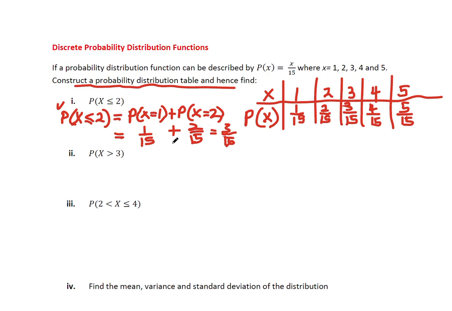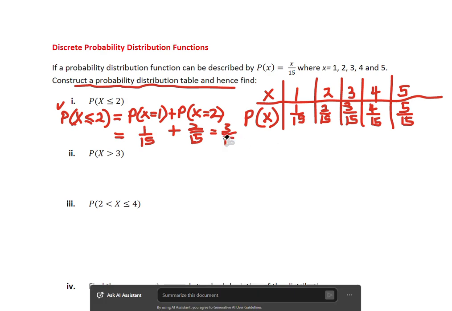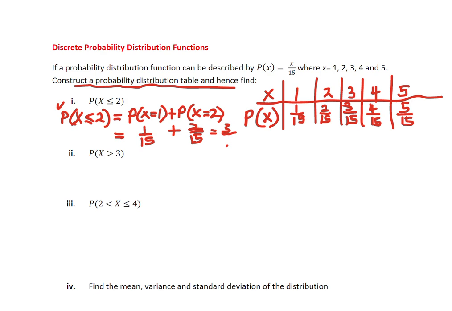So the probability that x is less than or equal to 2 is going to be 3 out of 15 as illustrated here. So that's how we calculate probabilities like these. Very simple and straightforward.